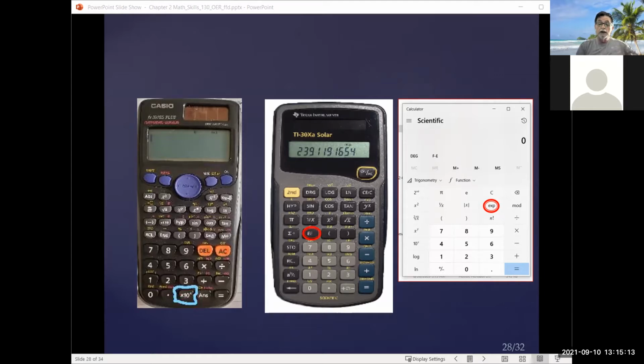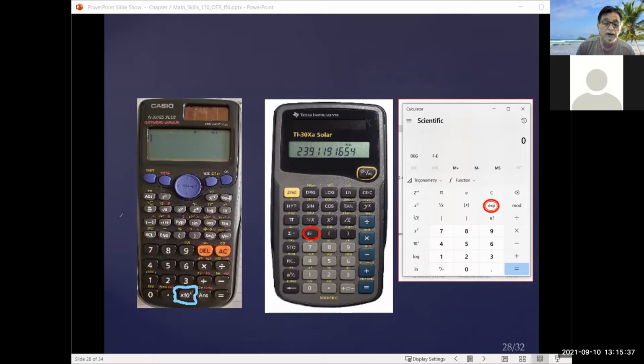Now, in these pictures here, they show the scientific notation button as the primary function. Check your calculator. It could be a secondary function. So these buttons could be in the back. To access those buttons, obviously, it's a secondary function. You have to utilize the second button.